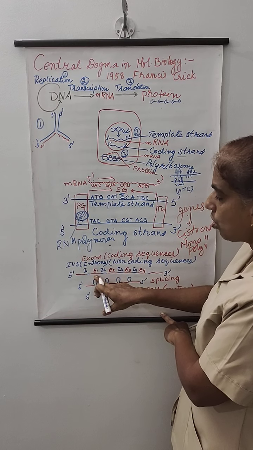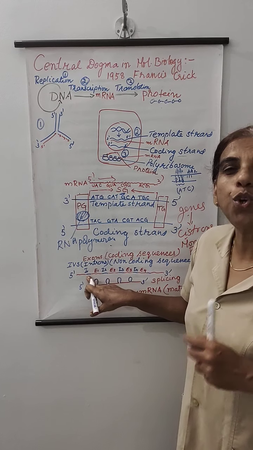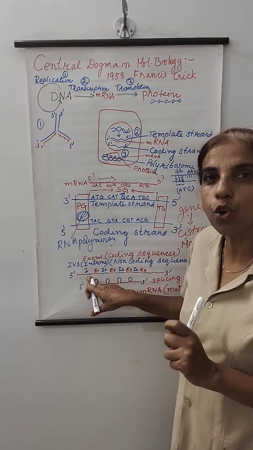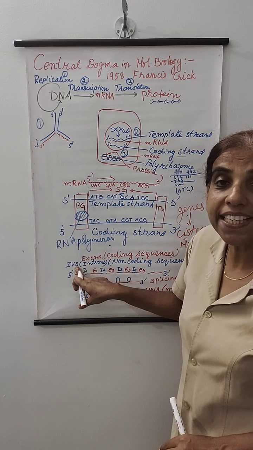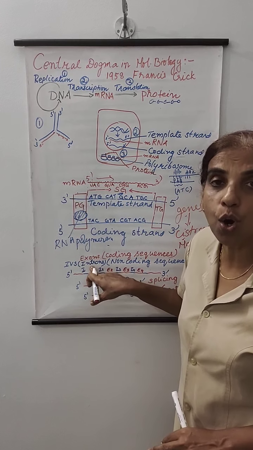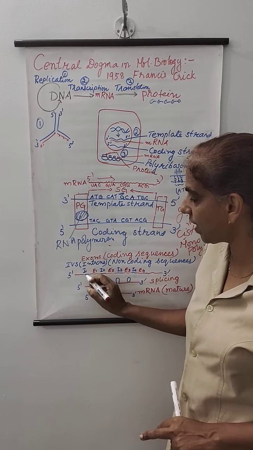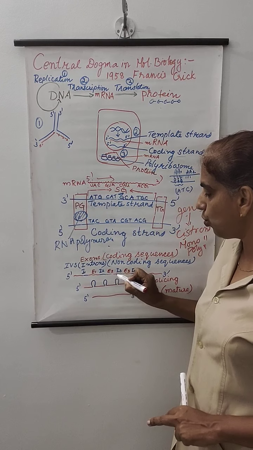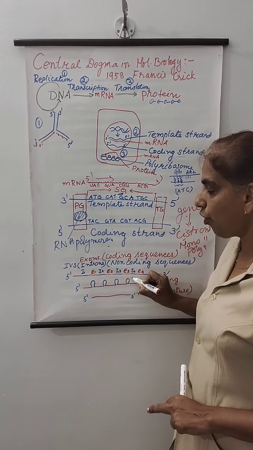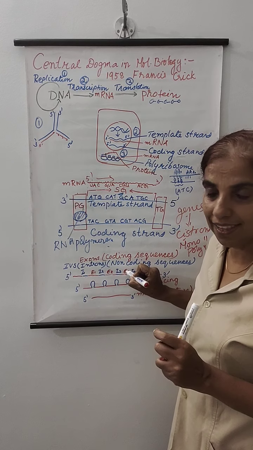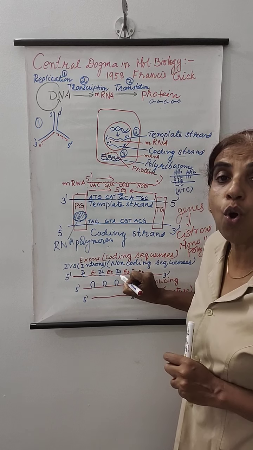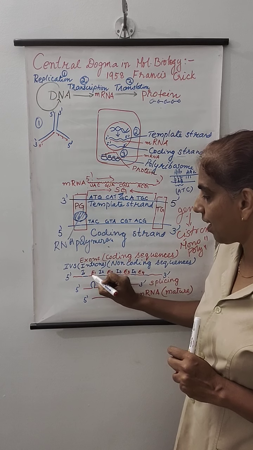Some pieces are non-coding. They are called intervening sequences or introns. I have given I1, I2, I3, I4. That means 4 useless pieces, 4 non-coding sequences are there, right?